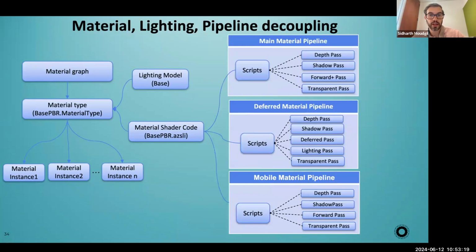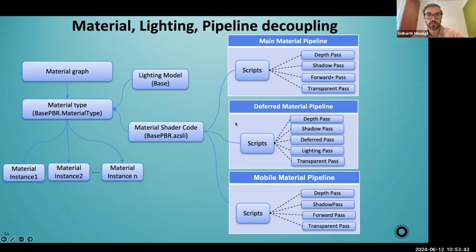The idea is that you can create more than one pipeline very easily. Before, when our first implementation passed, we only had one pipeline. This main material pipeline was embedded in the material type, which made it really hard when you wanted to add other material pipelines. So we decoupled everything through indirection.